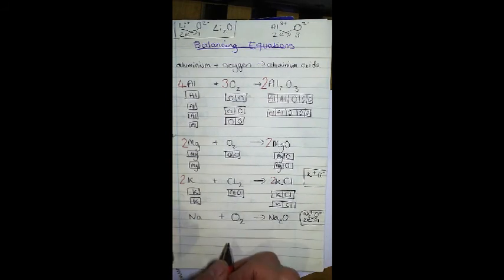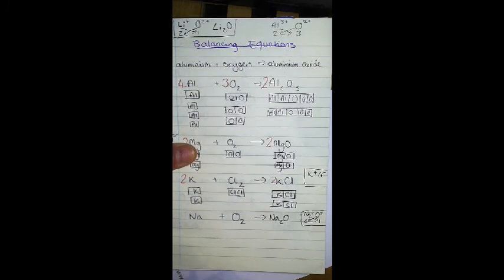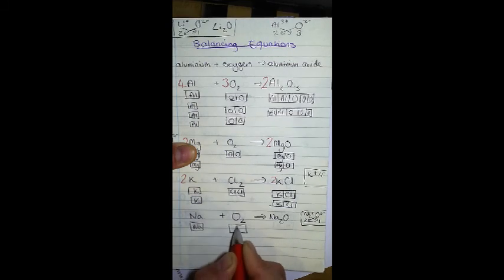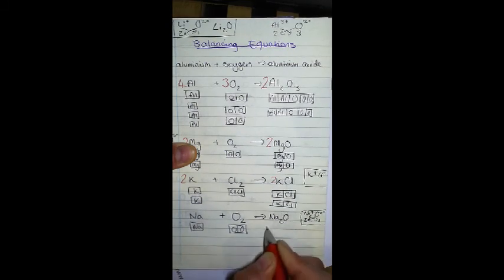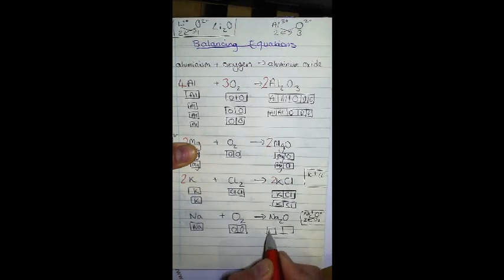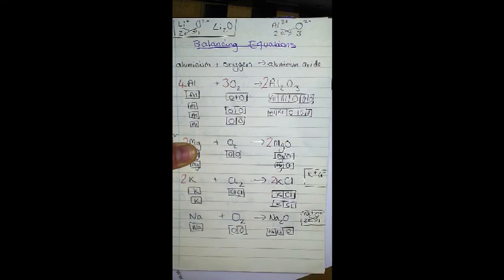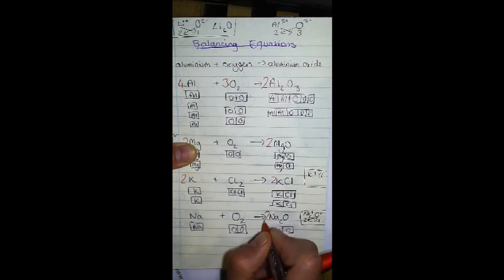This is an equation that people get wrong all the time. It drives teachers mad. 1 sodium, 2 oxygens, and Na2O has 3 atoms in it, 2 sodiums and an oxygen. Okay, so my oxygens are not balanced. The only thing I can do is have another one of these.